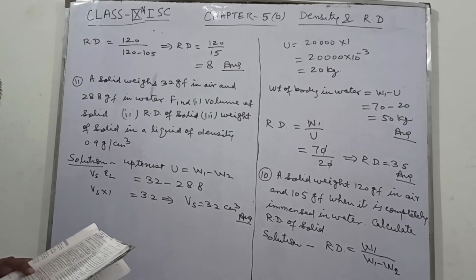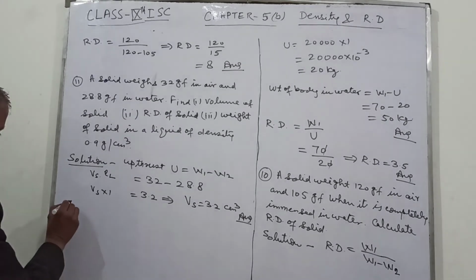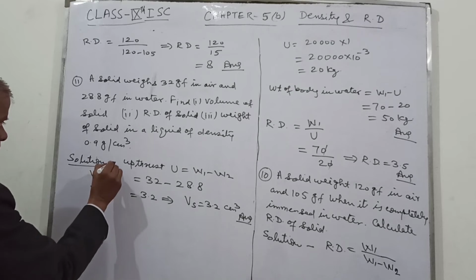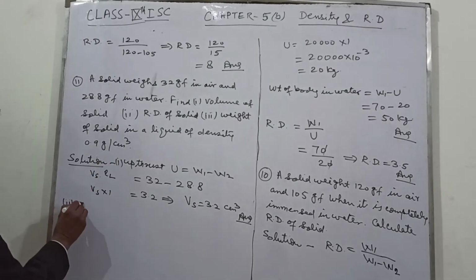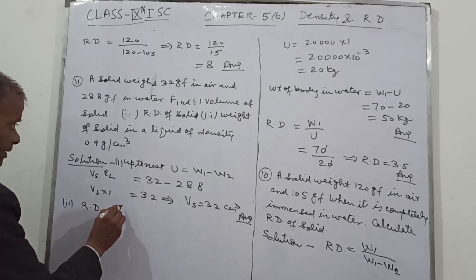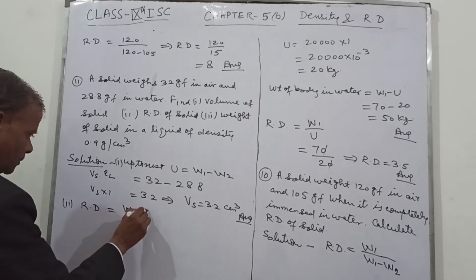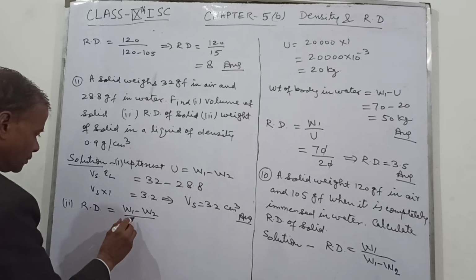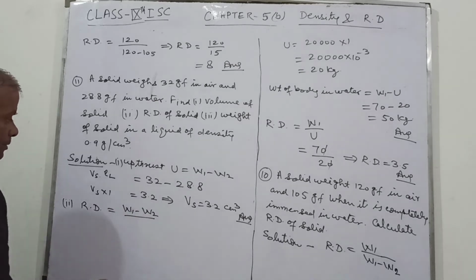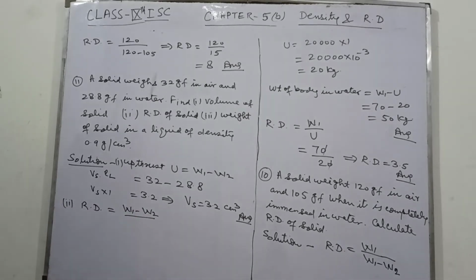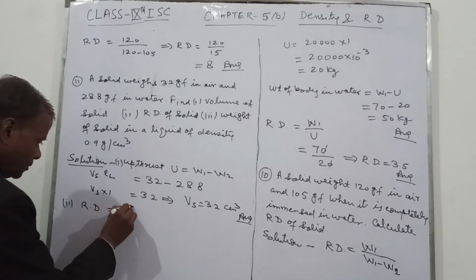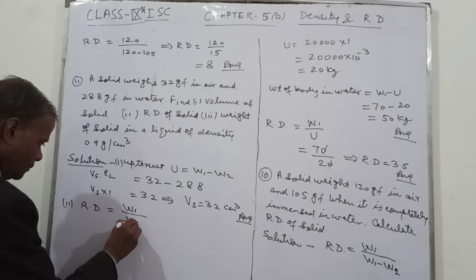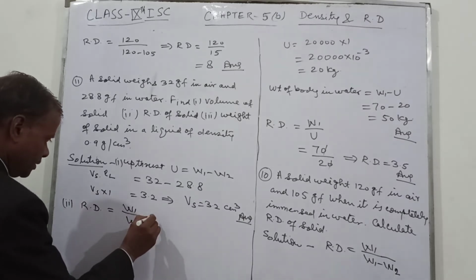And now the second one, RD of solid. RD equal to W1 upon W1 minus W2.